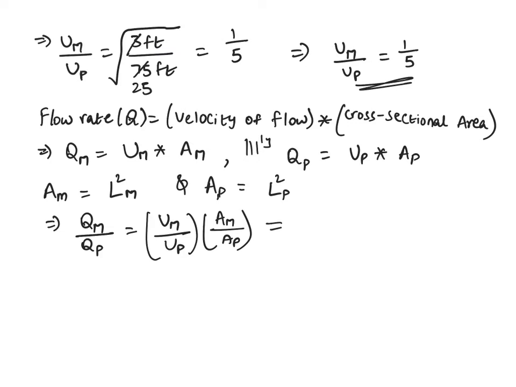From this, we know the ratio of velocity of model to velocity of prototype is 1/5, that is 1 by 5 times area of model upon area of prototype, which will be square of length of model by length of prototype squared.